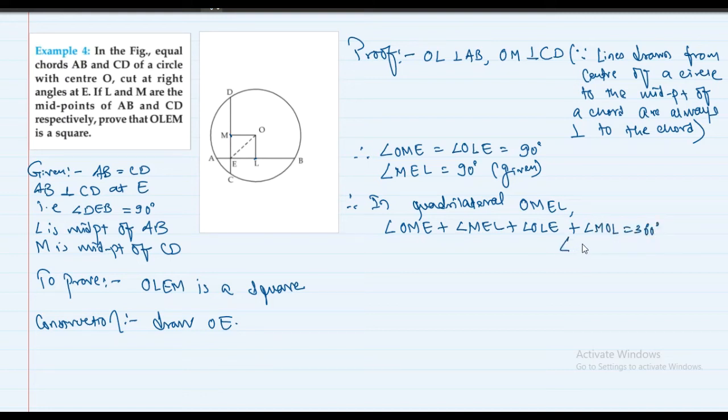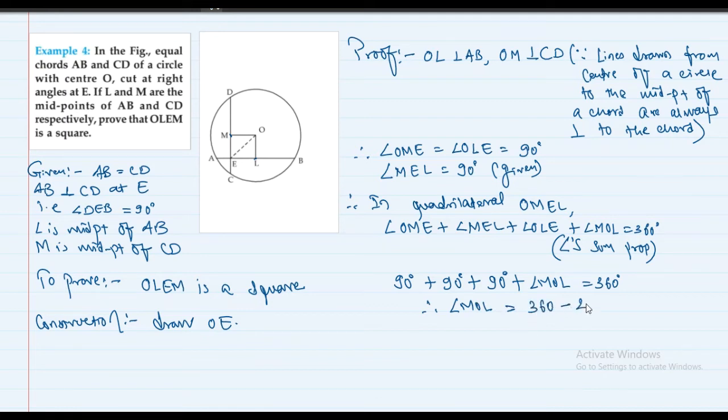This is the angle sum property. So angle OME, which is 90 degrees, we have found out. Angle MEL, which is 90 degrees, we have been given. Angle OLE is 90, we have proved, plus angle MOL is equal to 360. Therefore, angle MOL is equal to 360 minus 270, which is 90 degrees.